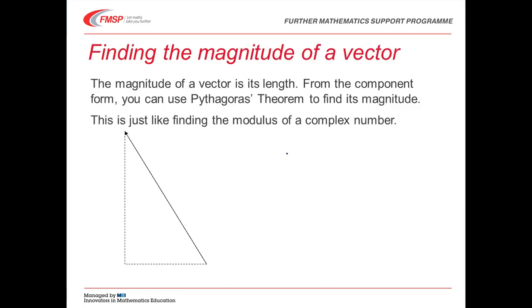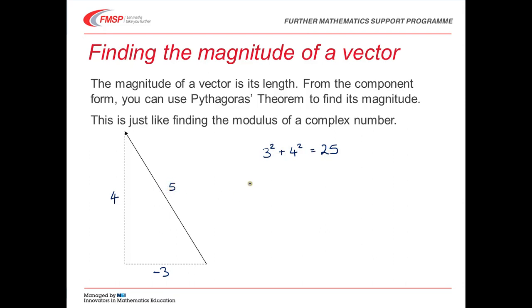The magnitude of a vector is just its length. When you've got a vector in component form, you can just use Pythagoras' theorem to find its magnitude. It's just like finding the modulus of a complex number and uses the same notation. So here we have the vector (-3, 4), and we know from our Pythagorean triples that the hypotenuse of that triangle is 5.